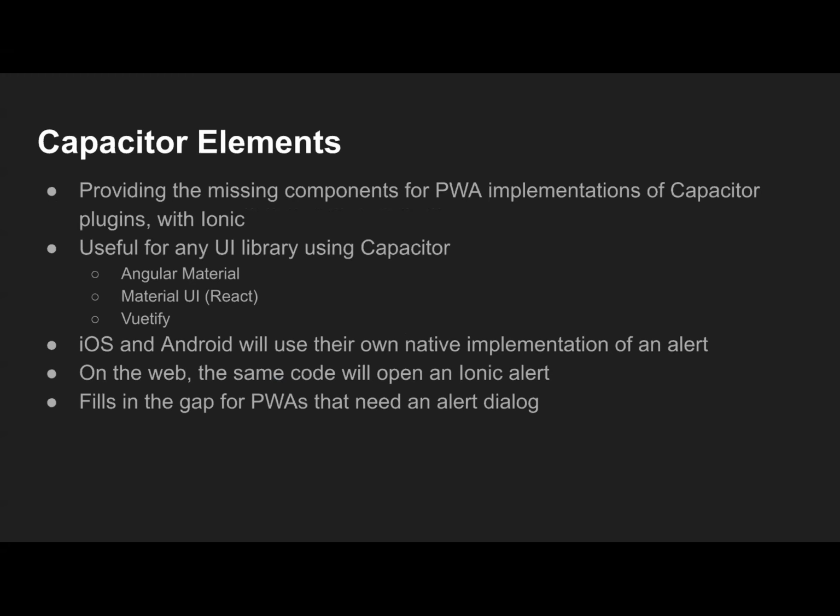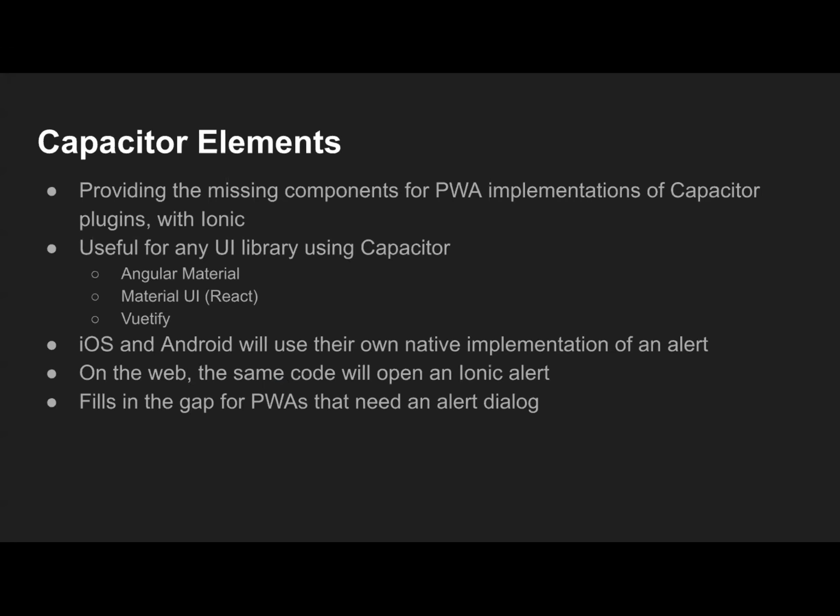Where I see this going is that it's not necessarily just an Ionic thing, but rather if you're using Capacitor and React Material UI or Angular Material or Framework 7, you name it, and you want to be able to, in Capacitor, when it's a native app, actually open up a real toaster, a real alert, a real action sheet, things like that, it will be using the native APIs to pull those up. But at the same time, if you want that same application to have an action sheet or alert pull up inside of your PWA version of it, you shouldn't have to write a lot of code to get around that.